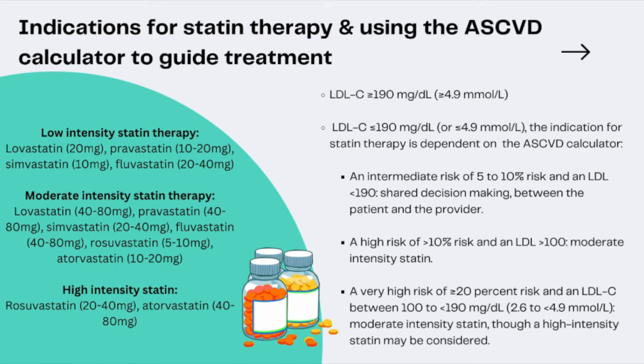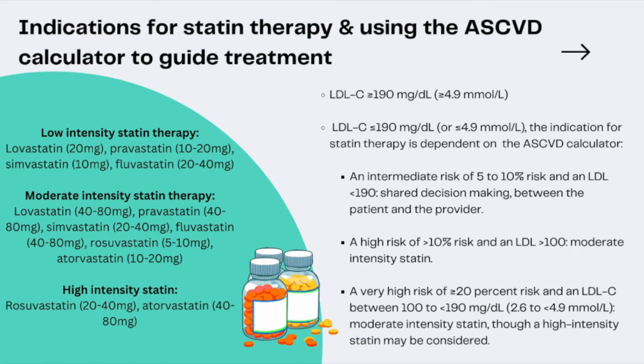So repeat screening is then based on that person's calculated risk using that ASCVD calculator. So patients that have a 7.4% risk or less for a cardiac event occurring in the next 10 years, and if there are, of course, no changes to that person's health, like they had a heart attack, then repeat screening would be recommended every 4 to 6 years.